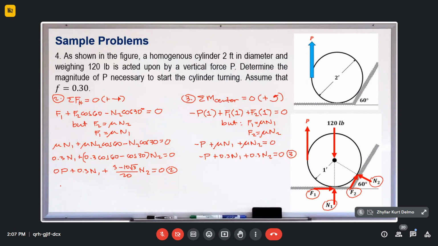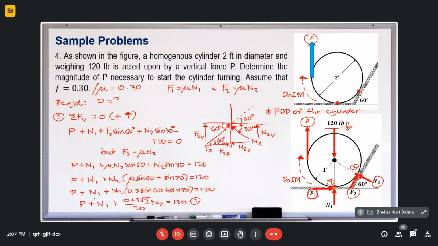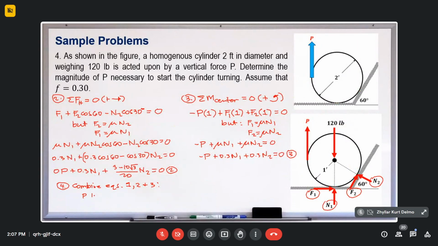Let's combine them. Step number 4, combine equations 1, 2, and 3. The first equation, we have P plus N1 plus (10 plus 3 square root of 3)/20 N2 is equal to 0.